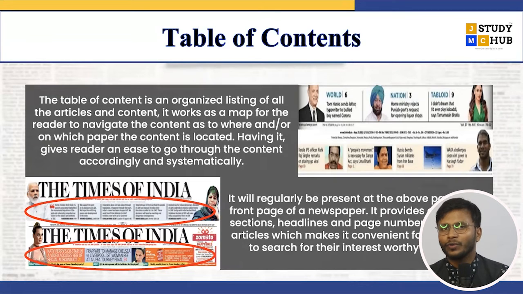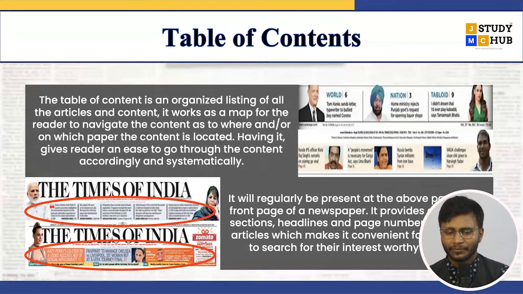So if you are looking for the sports news, or want to know what is happening in your town, you can check the table of contents. It helps you quickly figure out which pages have the stories or the sections you are interested in. So it's like having a guide that makes it easier to find the stuff you want to read in the newspaper.